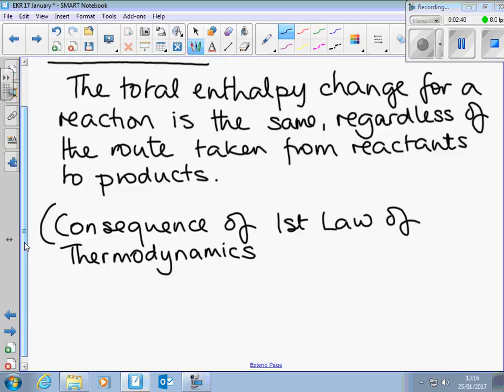Its name tells you, thermo, heat, and dynamic is movement. So it's about the movement of energy, but that's so tied up with so much of chemistry that you can be a bit misled by it sometimes. So I will be back to that word. Sometimes it's called the law of conservation of energy.